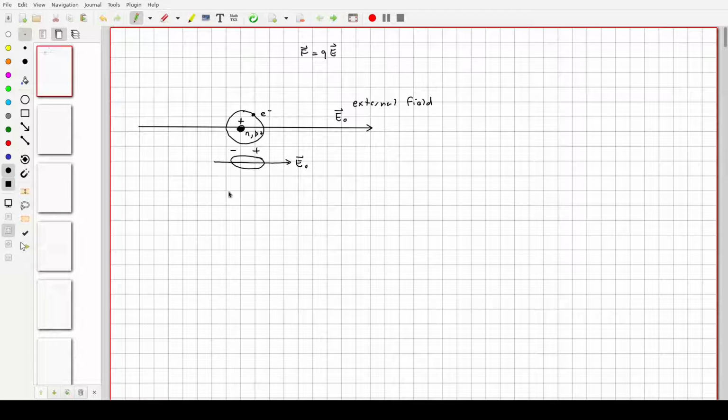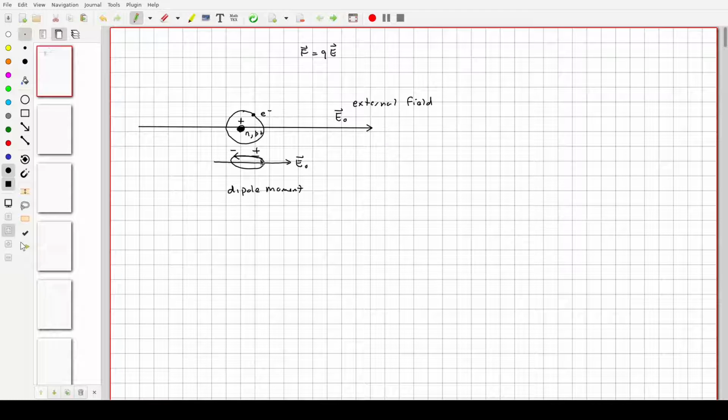So what we've done is we've created a dipole moment. But look, electric fields we know point from positive to negative. And by elongating this atom, we've created a tiny little electric field called the polarization field that points this way, against the direction of the external field that came through.